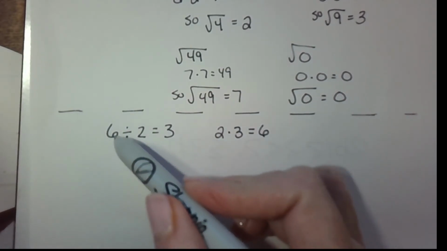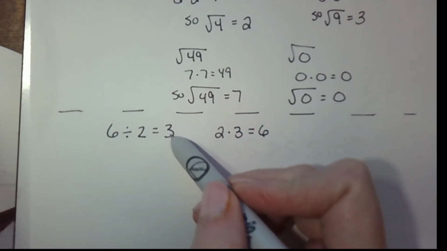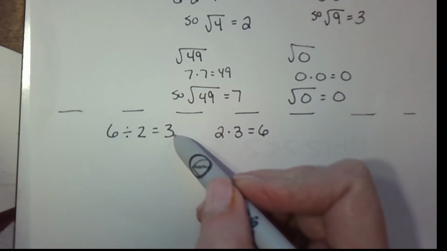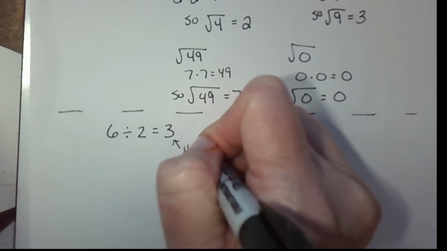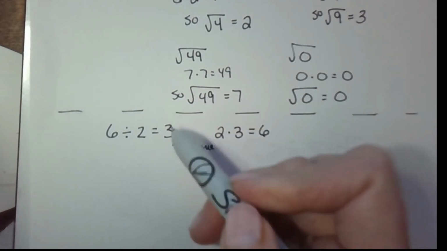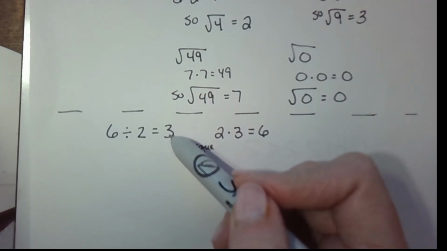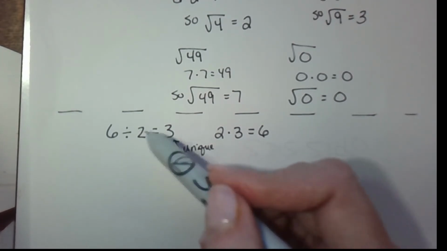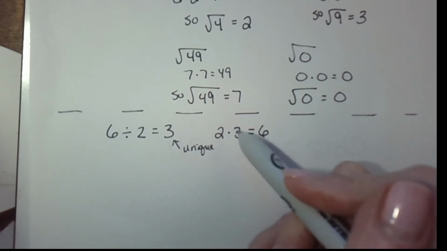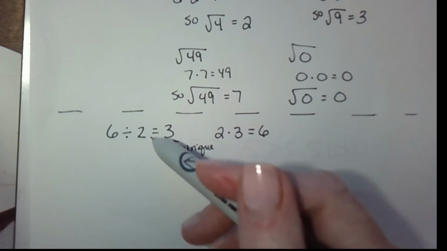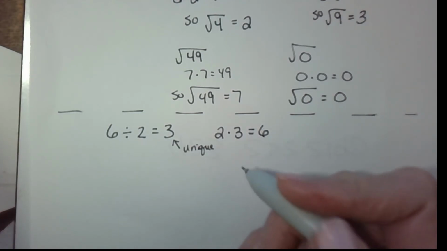Number one, 3 is a unique answer. There's no other number. When I do 6 divided by 2, there's no other outcome. It's always 3. But looking at the multiplication part of it, when I take these two numbers, 2 times 3, I get my 6 back. So that's how I know that works. Division is defined by multiplication.